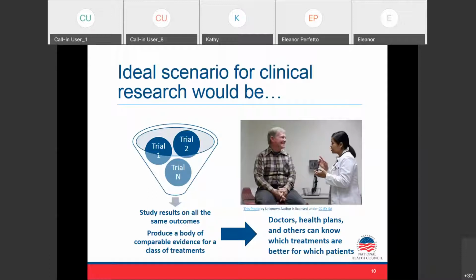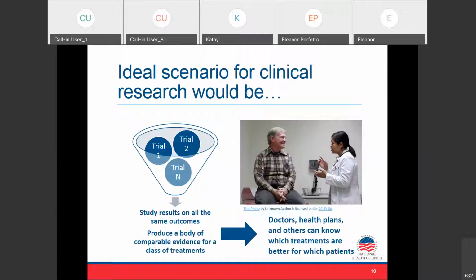Ideally, in the research world, when a bunch of different research groups do studies to look at, say, an intervention for a particular condition, in a perfect world, they would all be designing their studies in a way that would give you apples-to-apples comparisons between all the different studies so that you can put them all together and get a nice picture of which interventions are best for which patients.